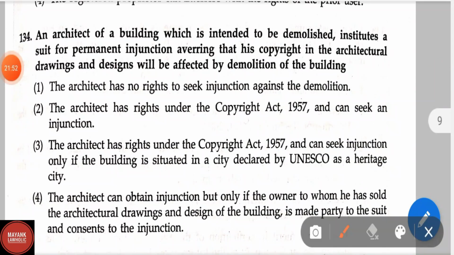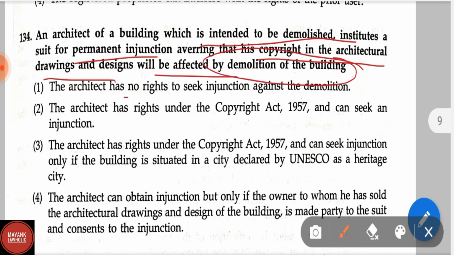An architect of a building which is intended to be demolished institutes a suit for permanent injunction averring that his copyright in the architectural drawings and designs will be affected by the demolition of the building.